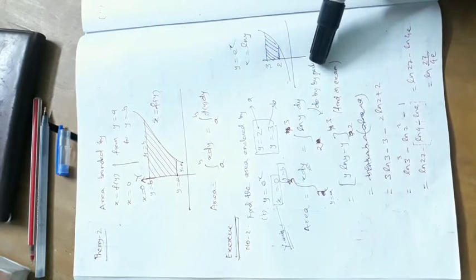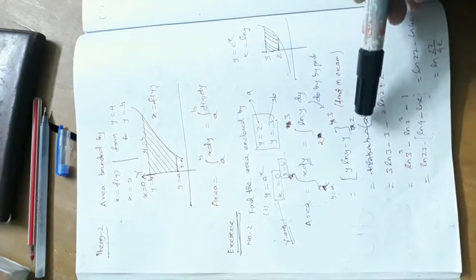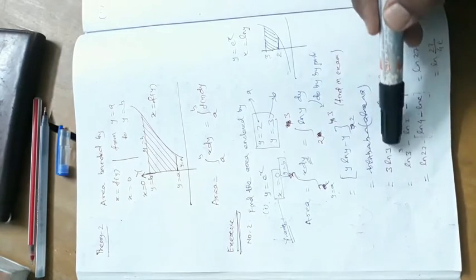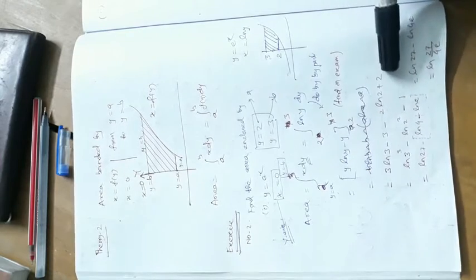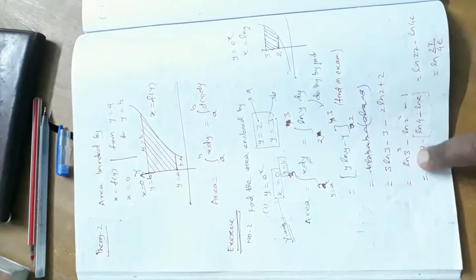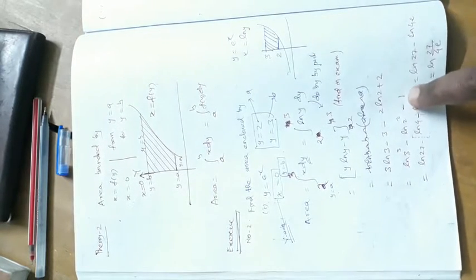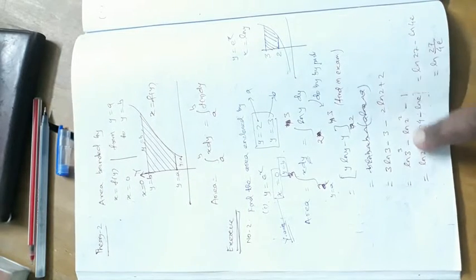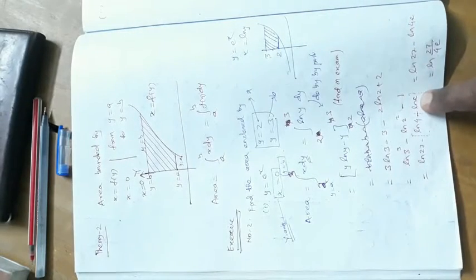You first do the definite integral of ln y, that is y ln y minus y from 2 to 3. Put 3 here: 3 ln 3 minus 3, minus 2 ln 2 minus 2, minus minus plus 2. It becomes ln 3 cube minus 3 plus 2, that is minus 1, minus 2 ln 2, that is ln 2 square: ln 27 minus ln 4 plus ln e.